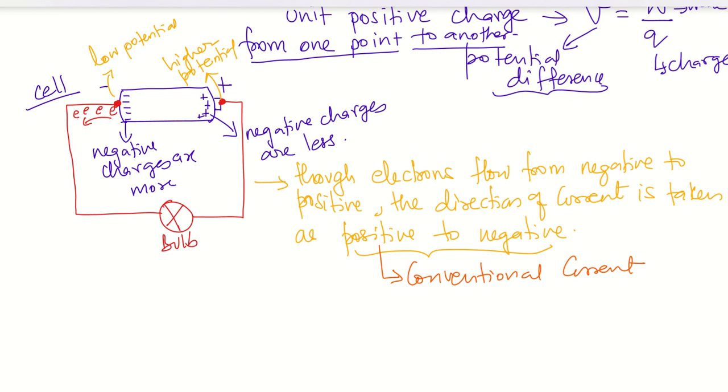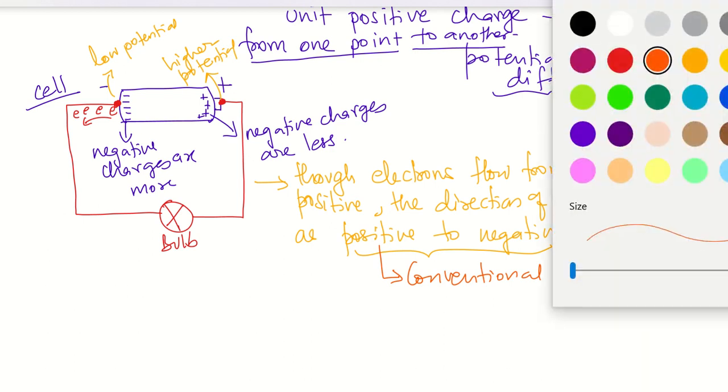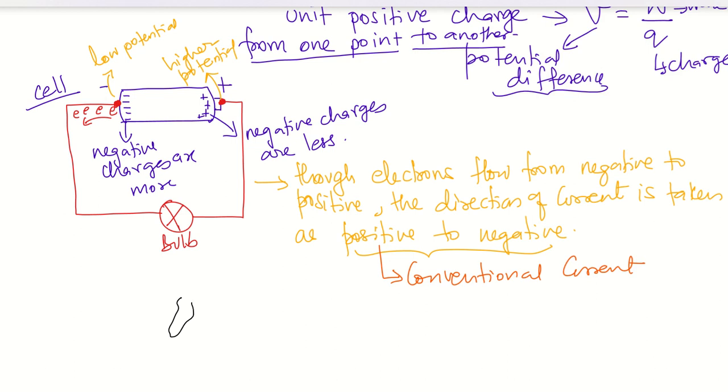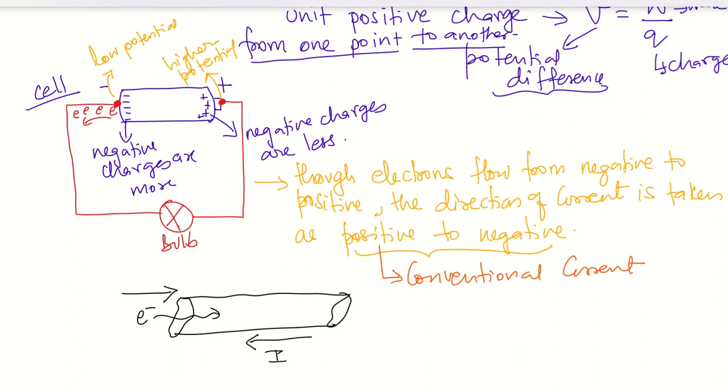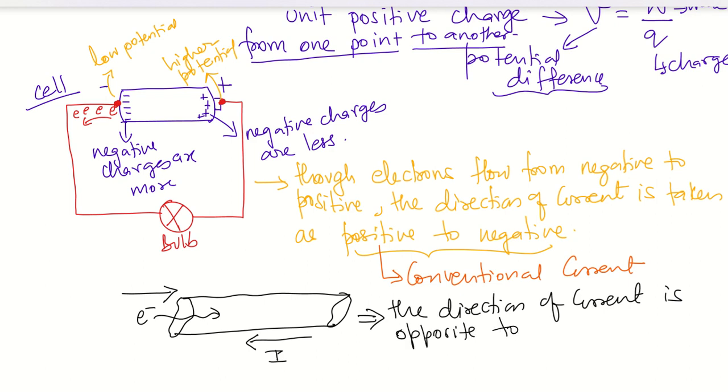So what do you understand by this? If there is a piece of wire somewhere here, and an electron has to travel through it, and the electron direction is this side, then the current direction is this side, I. This means the direction of current is opposite to the direction of charge.